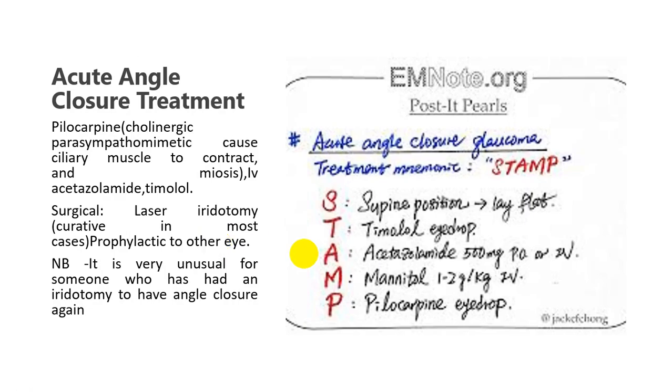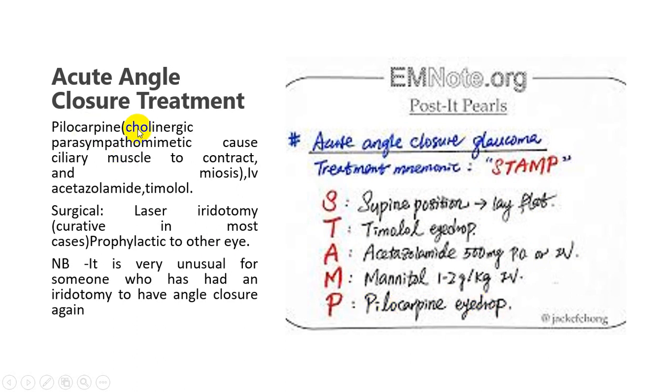What is the treatment? Here you can use a mnemonic: A STAMP. What is A STAMP? Supine position, lie flat, and timolol drop, acetazolamide 500 mg orally or IV, mannitol 1 to 2 gram per kg IV, and pilocarpine drop.